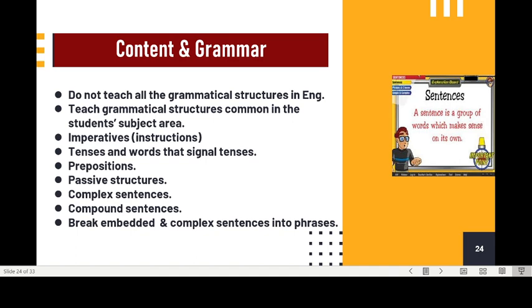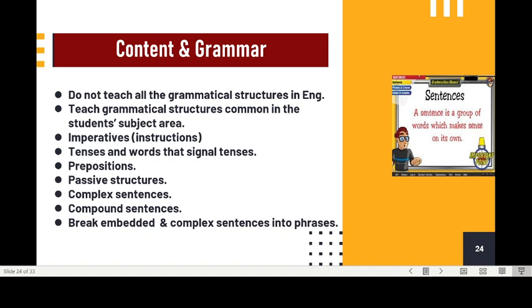Or, for example, in engineering, they use the present simple. They might use the passive voice. So we teach these. We don't need to teach all the tenses. So do not teach all the grammatical structures in the English language. Teach grammatical structures common in the student subject area.